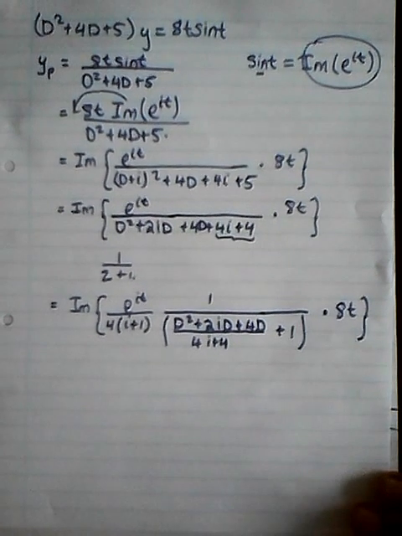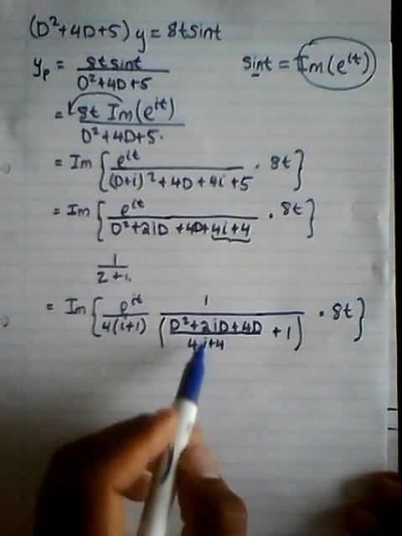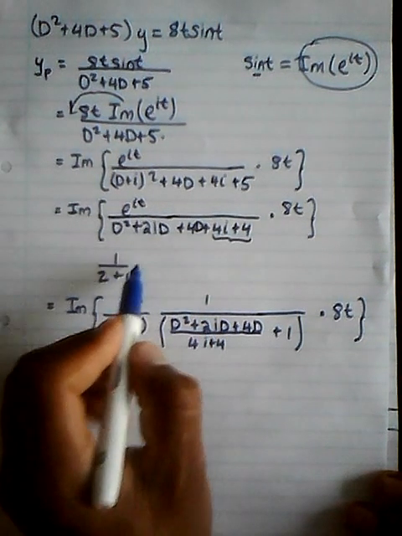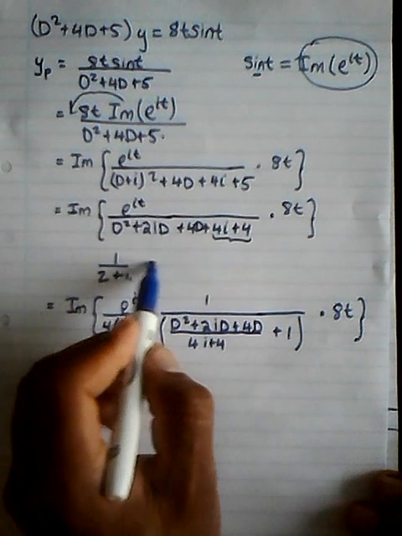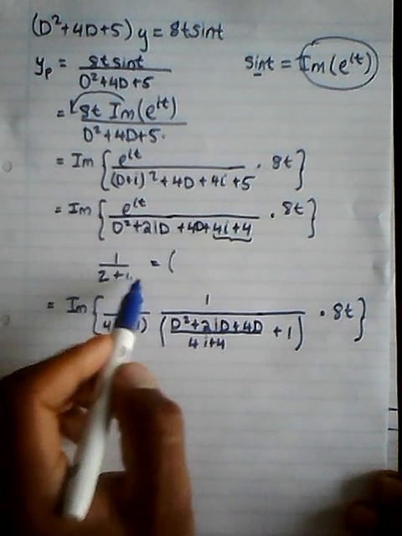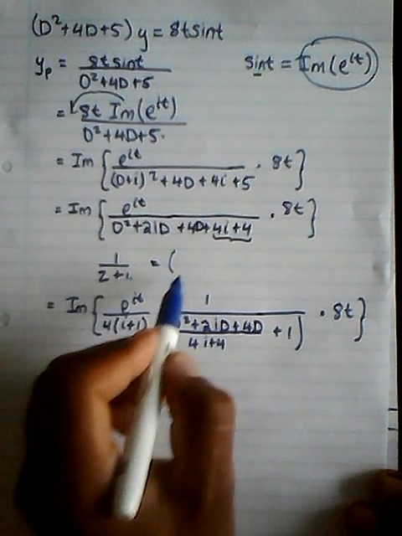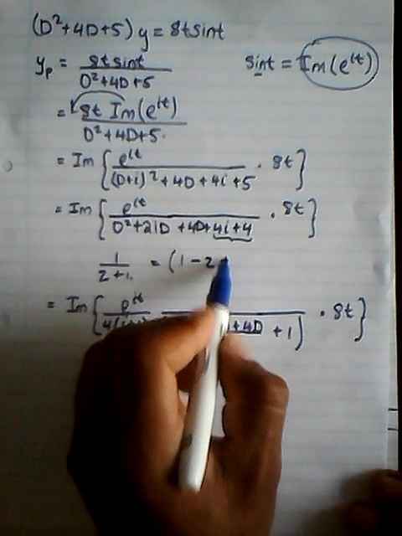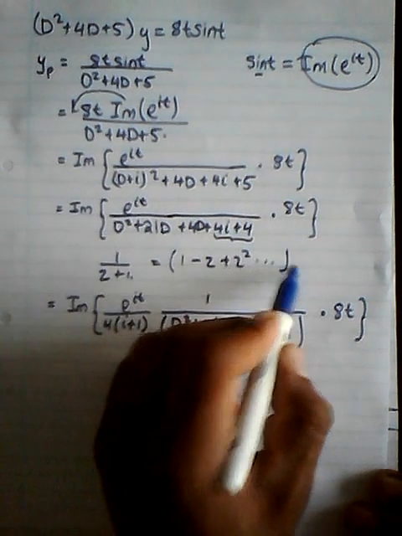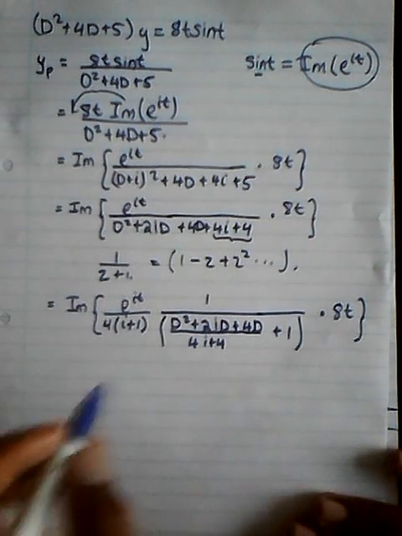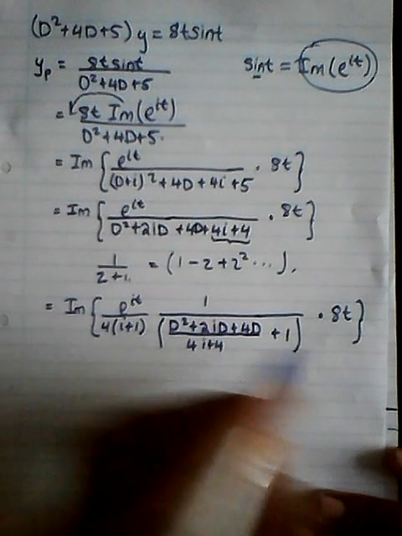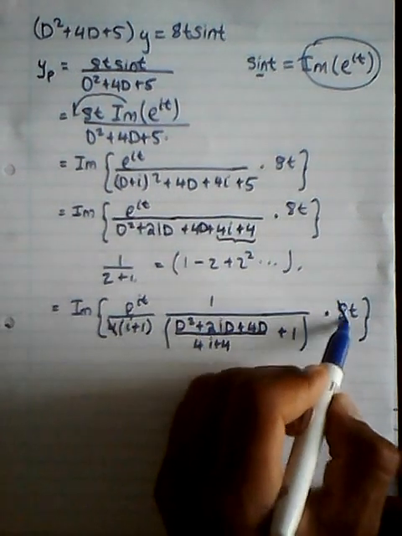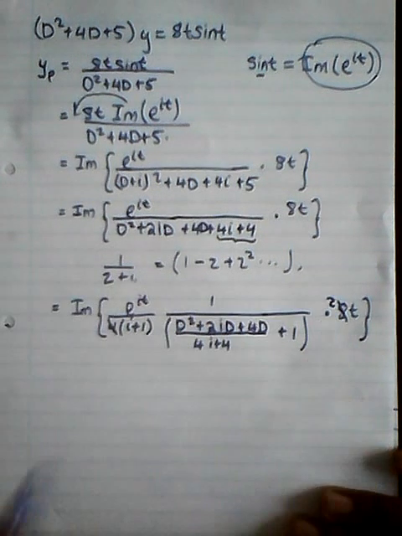Now we can write this thing here in the form, like if you are to consider z, you can write it in this form. You can write it as being 1 minus z plus z squared and so on. Doing that, one other thing is that we can cancel out this 4 and this 8 to have 2t here.